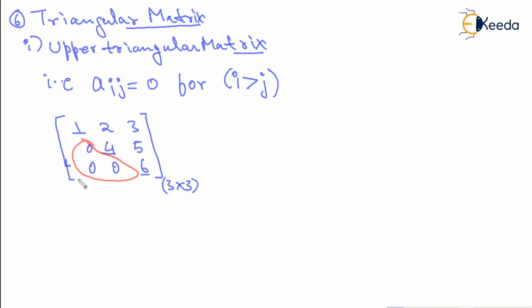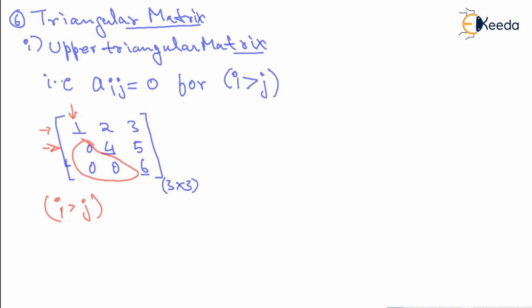And what is it? If you see, this is first row, this is second row. So for the same column, when you are going to the second row, your row number increases from the column number. So it is i greater than j. Correct?